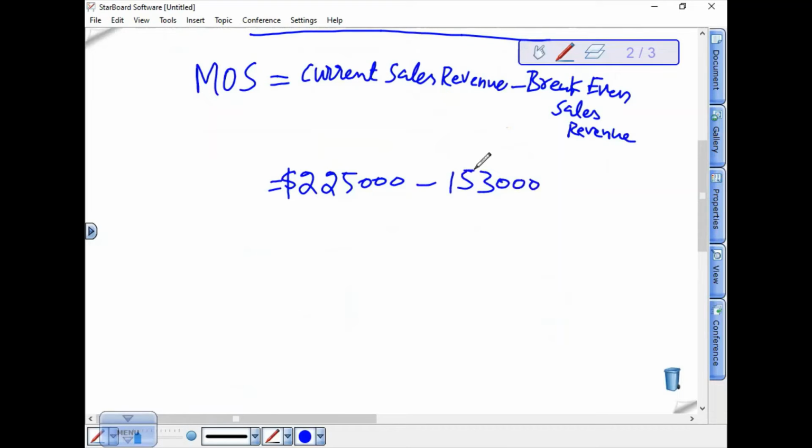Okay, take the difference. I'm using my calculator: 225,000 minus 153,000. So in terms of dollars, this gives you $72,000. This is our margin of safety in terms of dollar value.